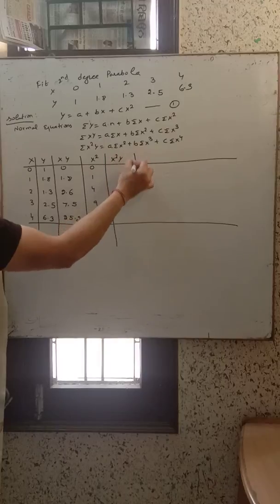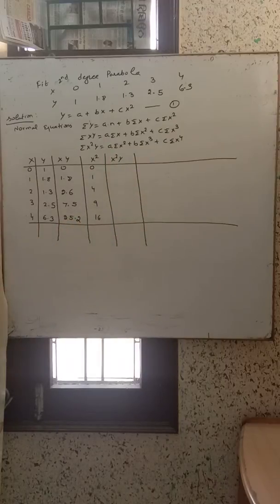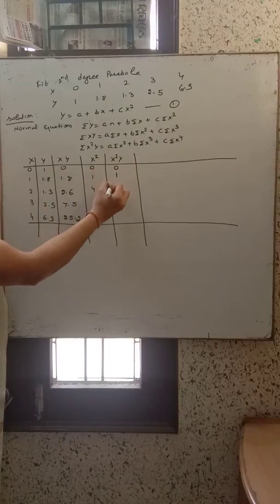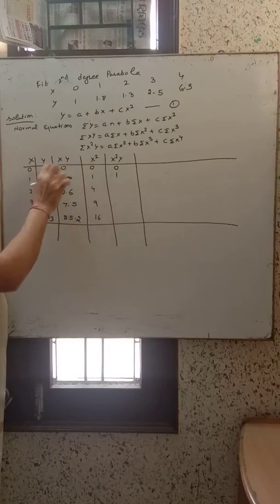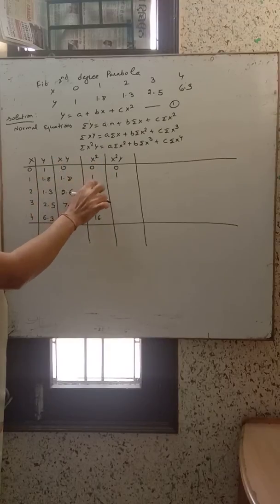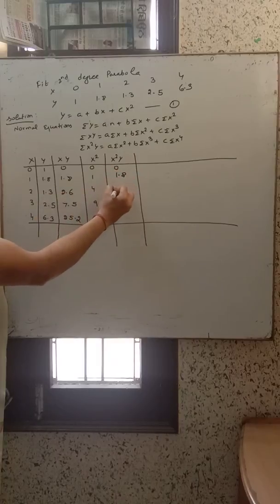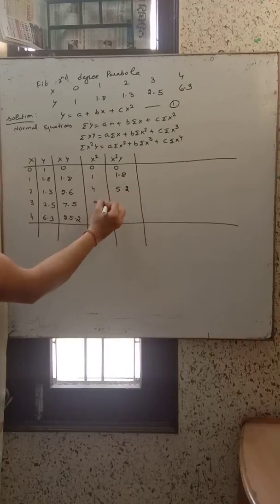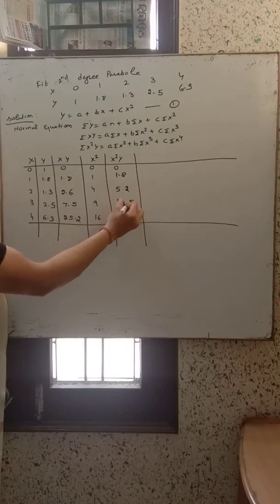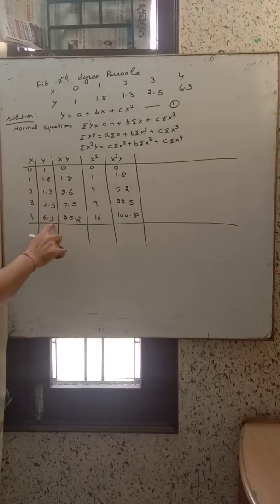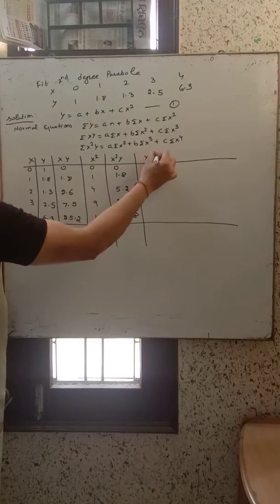Now x square into y comes out to be 0 into 1 is 0, 1 into 1.8 is 1.8, 4 into 1.3 is 5.2, then 22.5, and the last is 100.8, 16 multiplied by 6.3. Then we find x cube and x4.